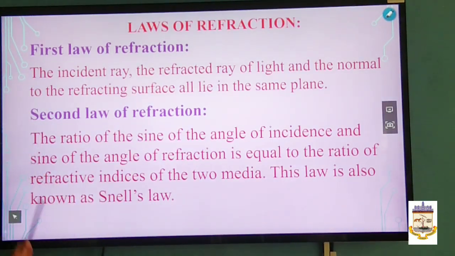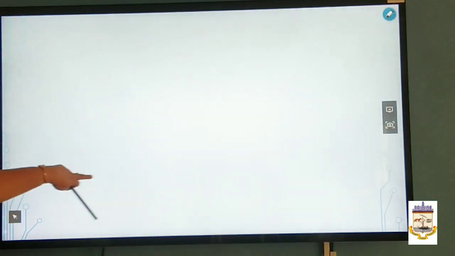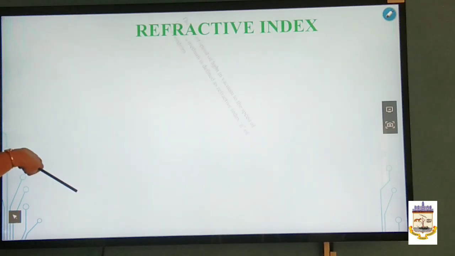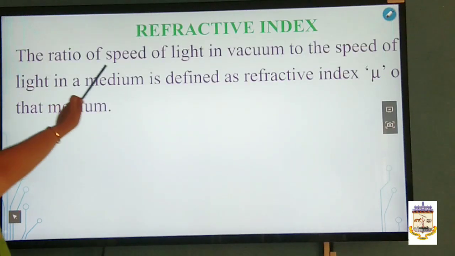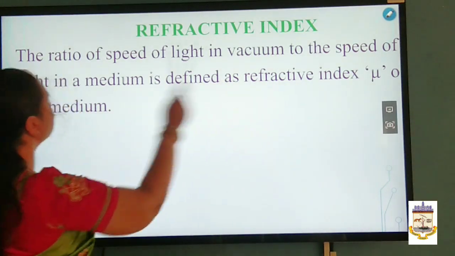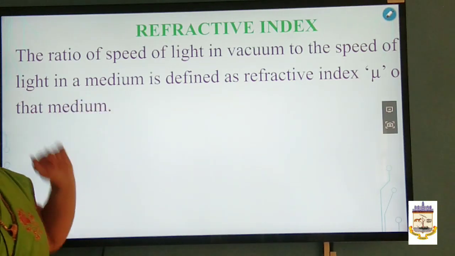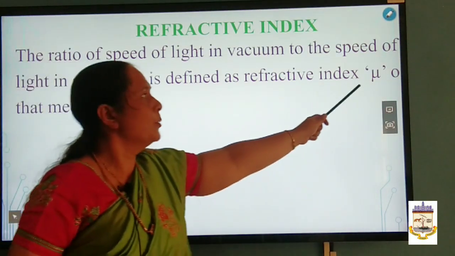Now let's focus on what is refractive index. The refractive index is the ratio of the speed of light in vacuum to the speed of light in the medium. It is denoted by the letter mu.